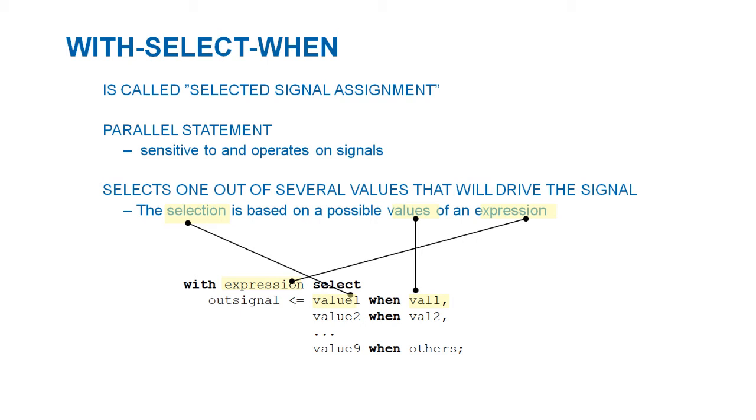So it selects one of several values to drive a particular signal. This is based on possible values that an expression can lead to. So here is a syntax that says that with a given expression, we select a given value for the output if the value 1 satisfies the expression.